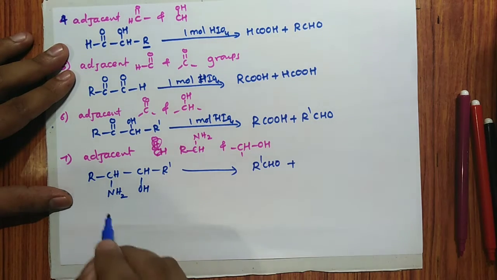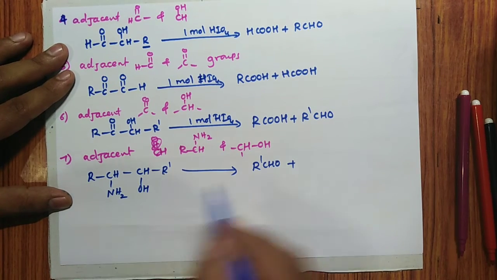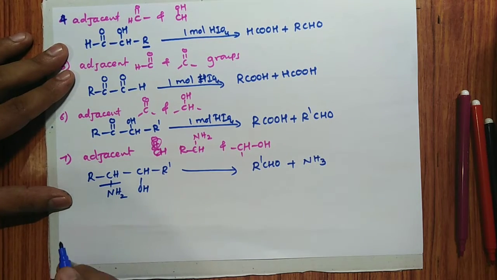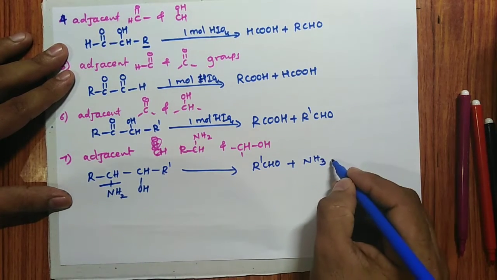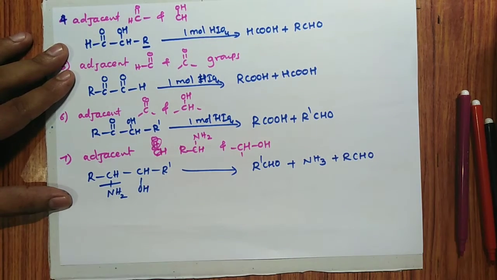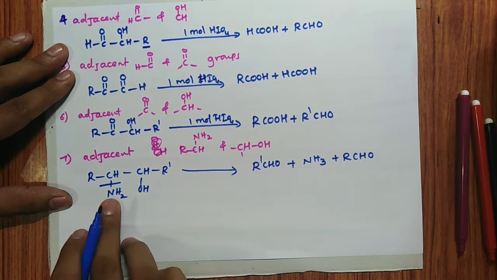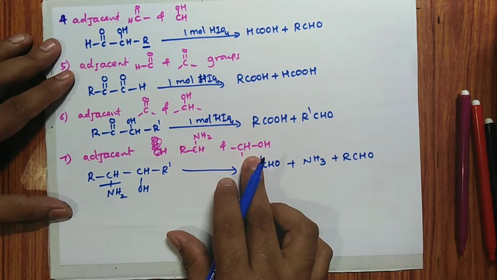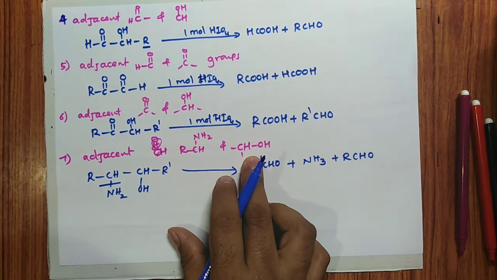Now this RCHNH2 also is converted into NH3 first. This NH2 is converted into NH3, and here also you are going to get RCHO. So R dash CHO, NH3 and RCHO, if RCHNH2 and CHOH are adjacent.